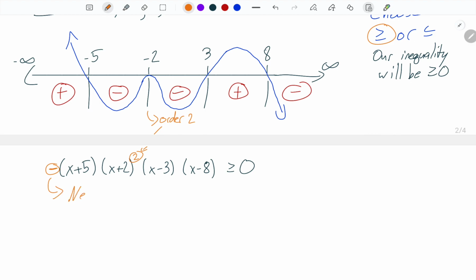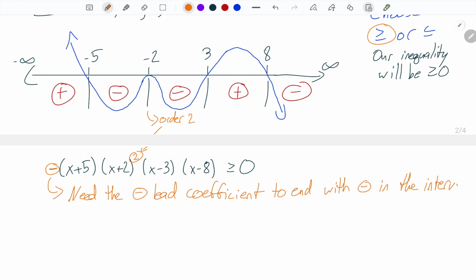So we need the negative lead coefficient to be able to end with minus in the intervals. Because whatever our lead coefficient is, that's what our polynomial will go to as we go to infinity. If it's a positive in front, you're going to be a positive value as you go towards infinity. If you're a negative in front, you're going to be a negative value as you go to infinity.